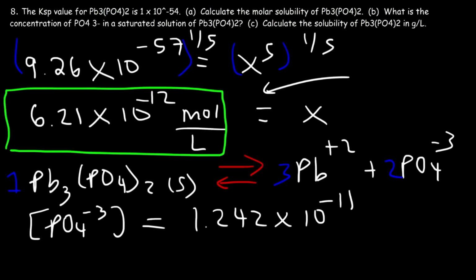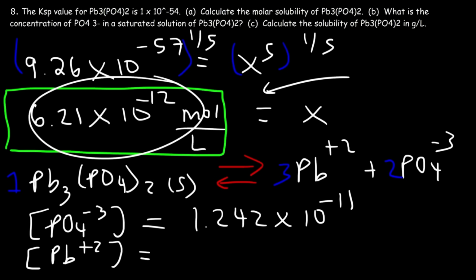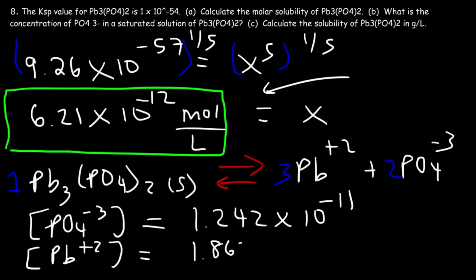And so that's it. So let's say if we need to calculate the lead 2 ion concentration, for example. Notice that the molar ratio is 1 to 3. So it's going to be 3 times this number. So 6.21 times 10 to negative 12 multiplied by 3. So that's going to be 1.863 times 10 to the minus 11.